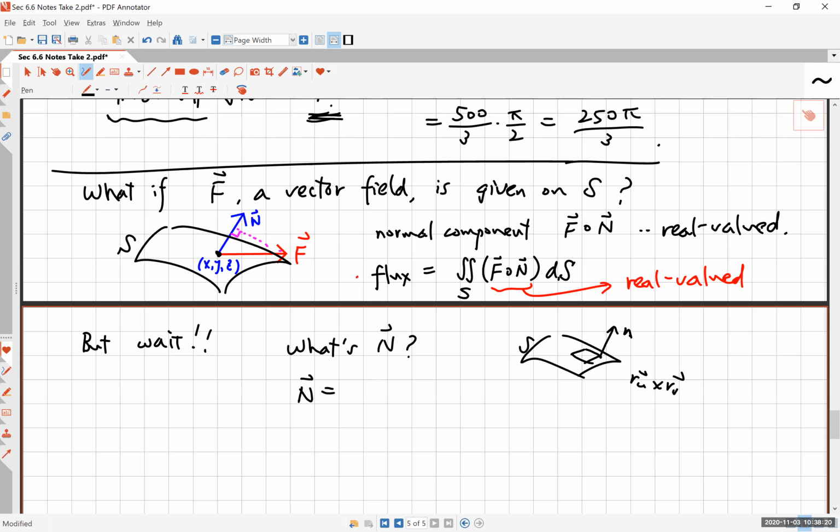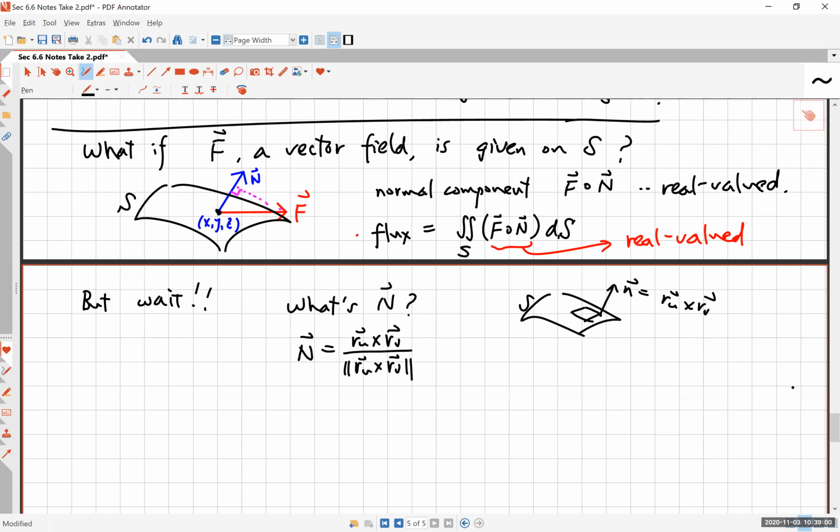Now, this one we called N. The only problem is that is not the capital N, because for capital N, we decided that we need something that's unit. If you do RU cross RV, that will give you something perpendicular to the surface S, or perpendicular to the tangent plane to surface S at that point. But it's not a unit vector. So we have to divide this by the magnitude of this to normalize it.